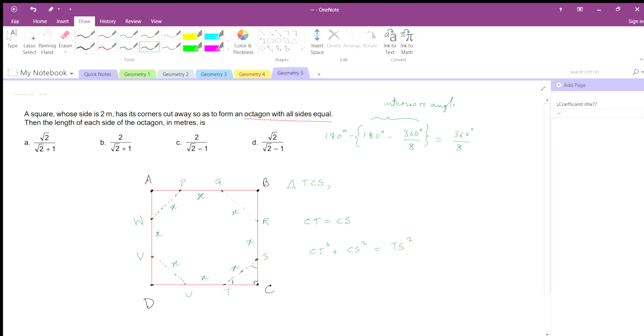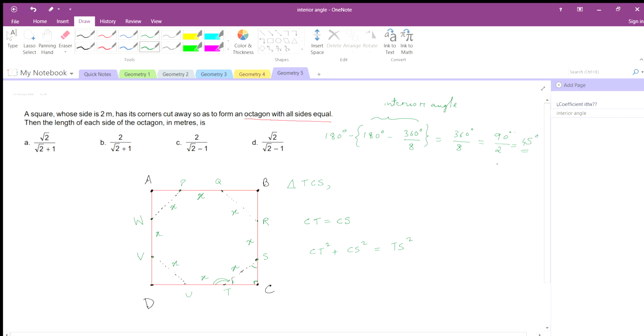When you subtract 180 degree from the interior angle, you will get the exterior angle, right? So this is 360 degree by n. That means what is this? 360 by 8, which is basically 45 degree.